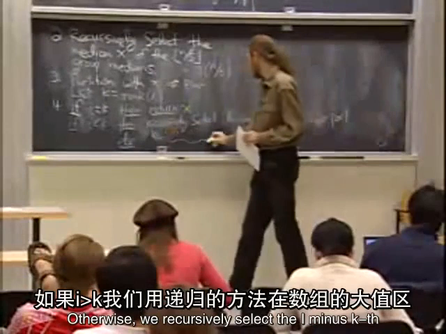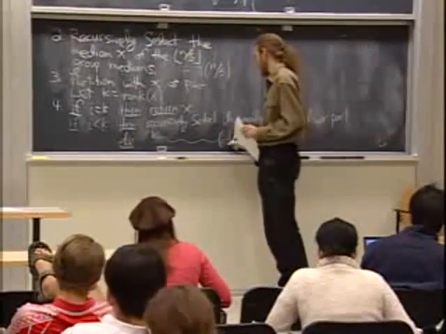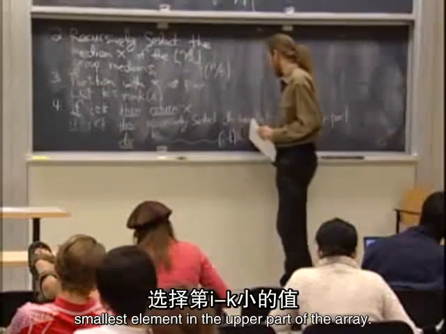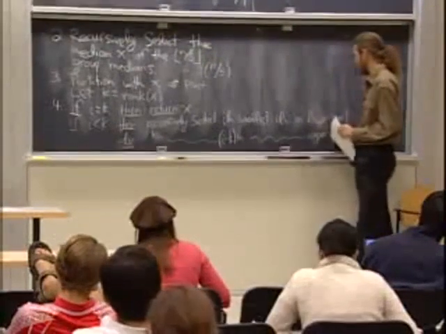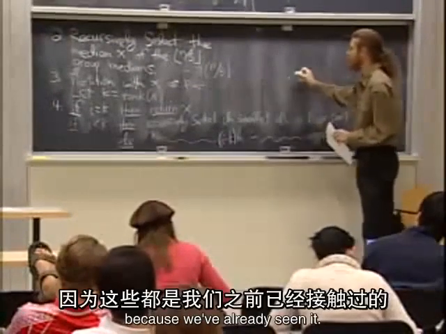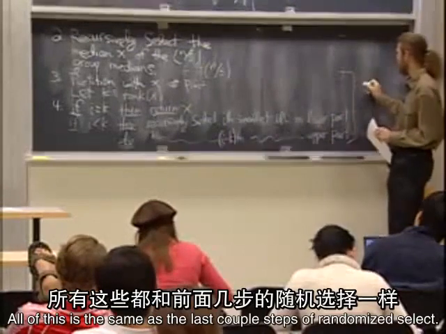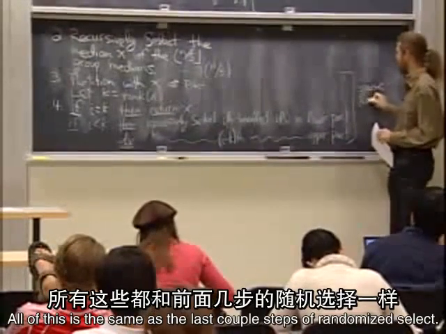And otherwise, we recursively select the i minus kth smallest element in the upper part of the array. I'm writing this at a high level because we've already seen it. All of this is the same as the last couple steps of randomized select.